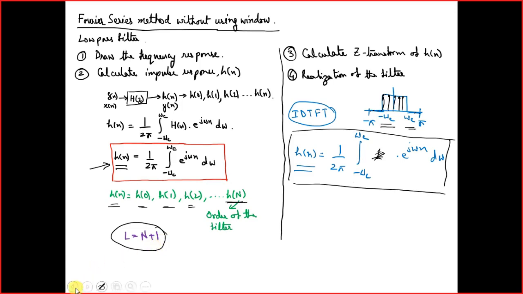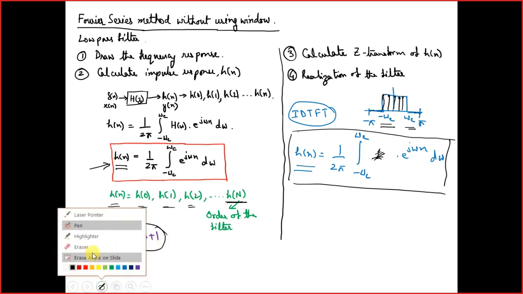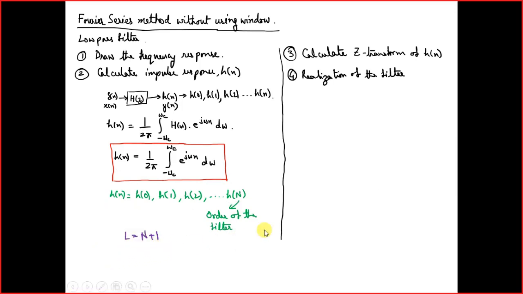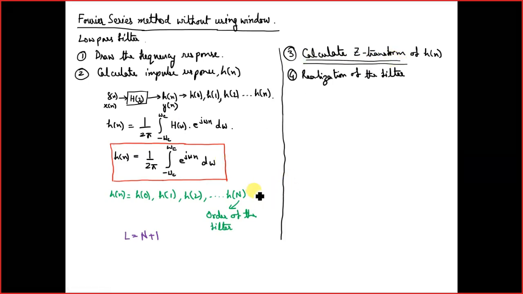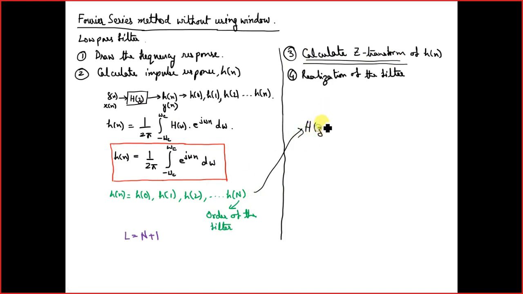Now, once you have done this, we go to the next step, the third step: calculate the Z transform of Hn. So how do you calculate it? We have discussed that also previously.